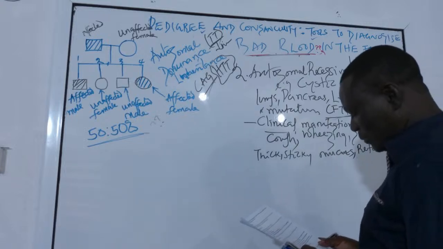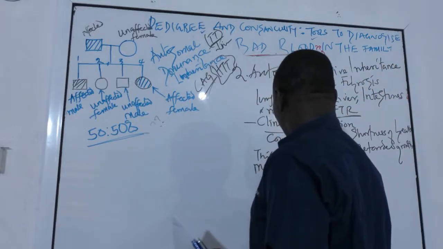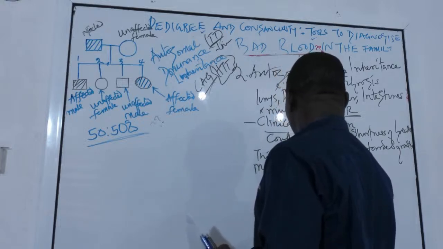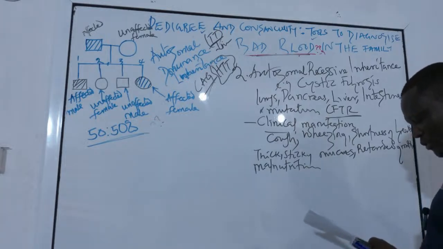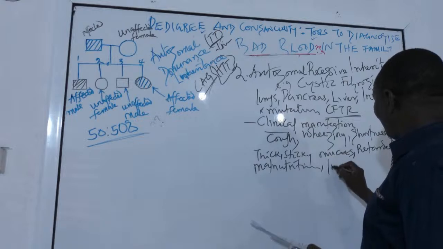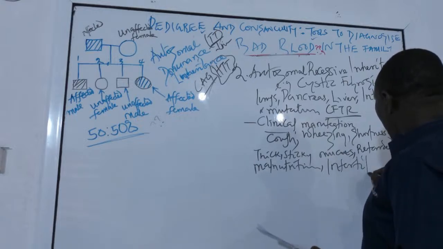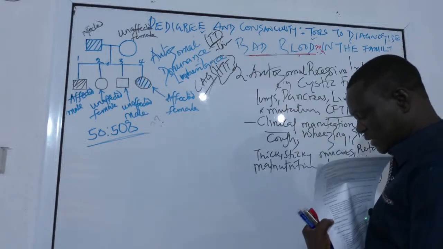Apart from retarded growth, there is going to be malnutrition. The person will not be able to feed or eat well. The person will eventually have a condition of infertility, so the person will not be able to give birth.